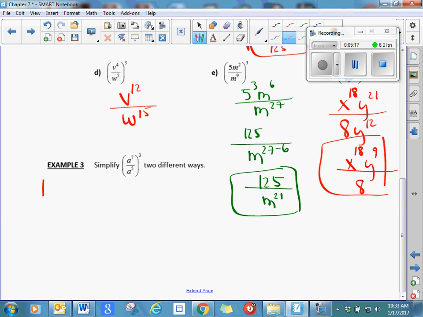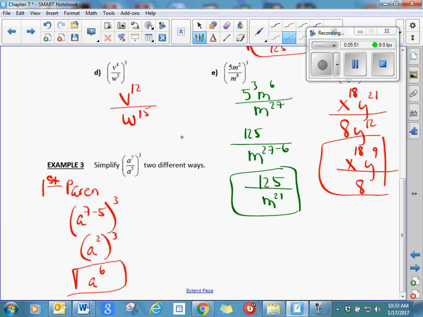So the first way is actually use the parentheses as a grouping symbol and say I'm going to do a to the 7 minus 5, and I'm going to wait and do the exponent of 3 on that as soon as I get this all cleaned up. So that's a squared, and that stays in the denominator because 7 is larger than 5, and that is all cubed, which gives us a to the 6th. That's the first way to do it.